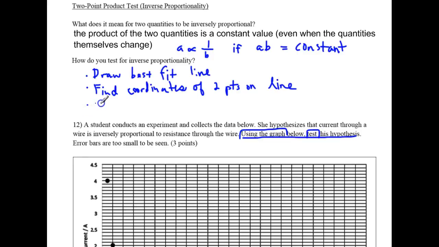Then you take the product for each of the 2 points. And finally, you draw a conclusion.